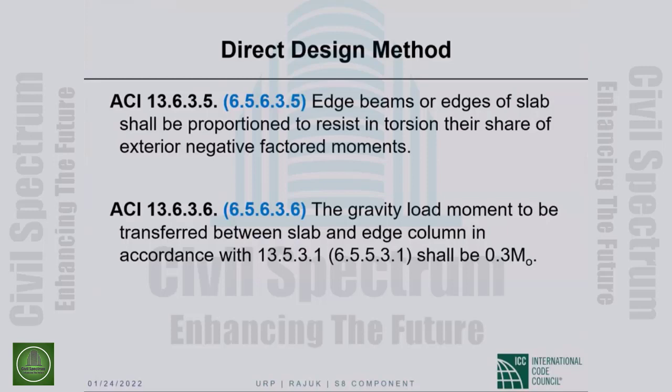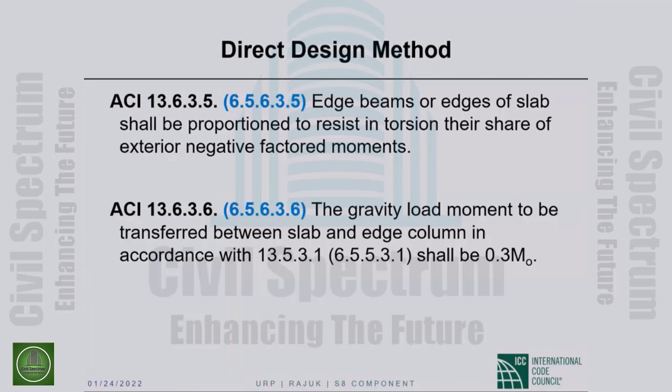So if the exterior support is a beam running in the transverse direction, the slab end moment that we are talking about, 26% of M sub 0, if there is an edge beam, that will cause torsion on the edge beam. Okay, and that's what we are talking about.